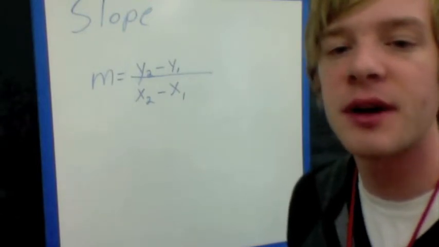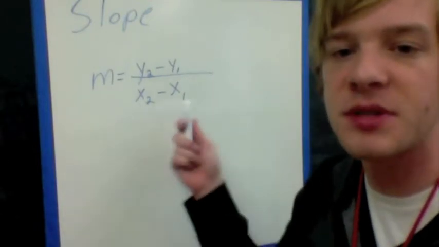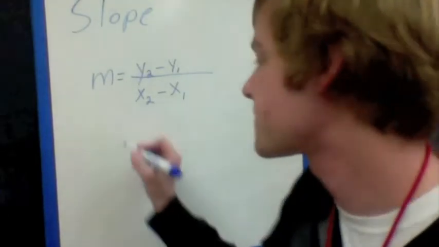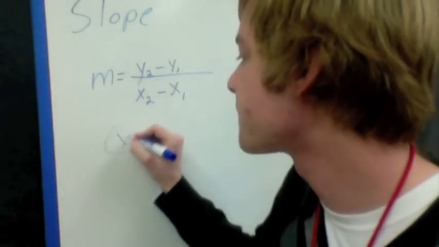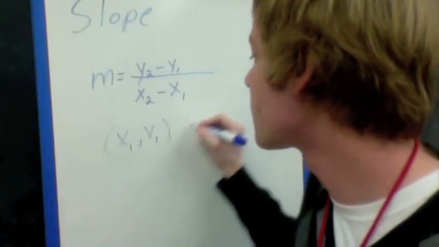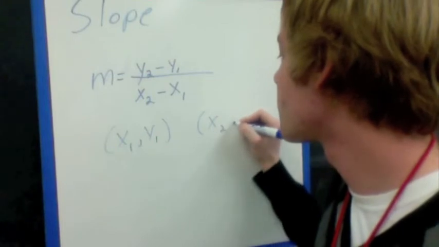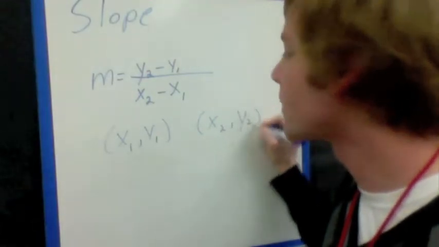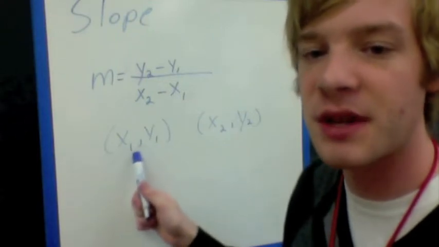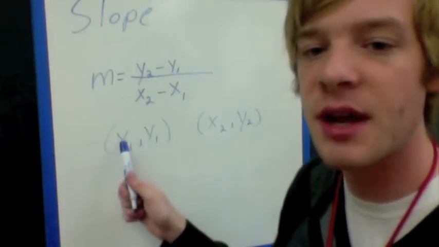The way that these numbers here work is if we have 2 points, they're going to look like this. So what this means is this is the first point right here. That's why we have 1s for both of these. And we have x and y.